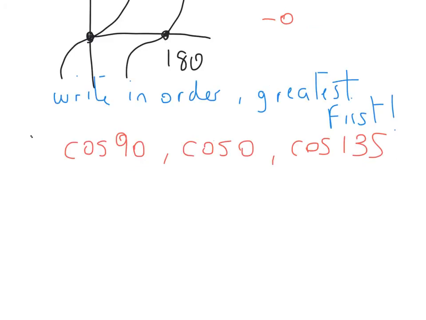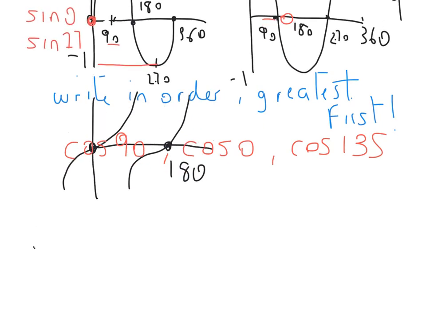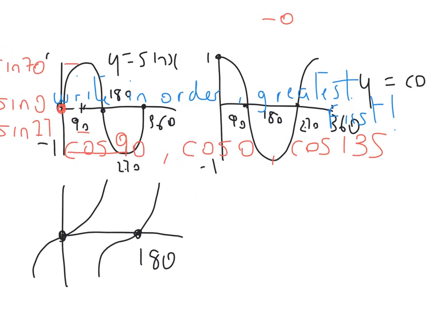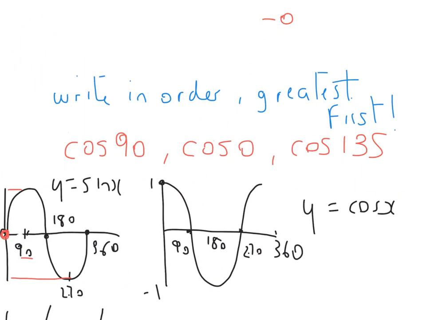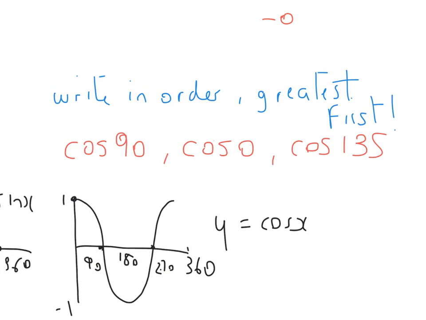Okay, so the next one, we're going to write in order greatest first, cos 90, cos 0, and cos 135. So again, the value of the function is how high it is. So let's have a look at the cosine curve.